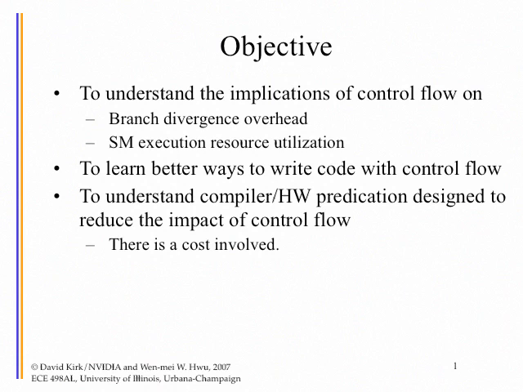We want to make sure that you understand what a better piece of code looks like compared to a piece of not so good code, and to understand compiler and hardware predication design to reduce the impact of control flow. Sometimes you can actually get away with a little bit of control flow, and the compiler will kind of cover it up for you. And I'm going to tell you how that is typically done, and how you might be able to predict if the compiler is going to do this.